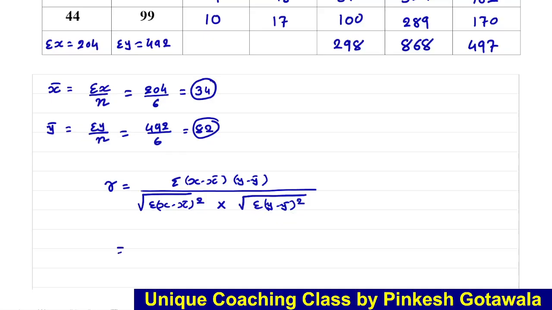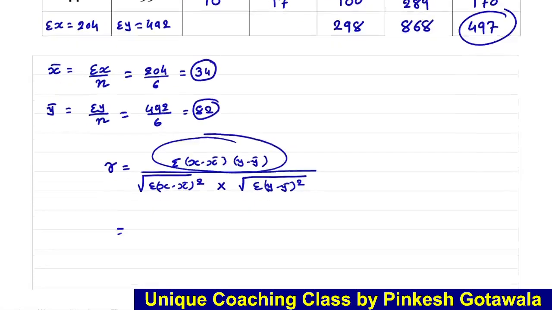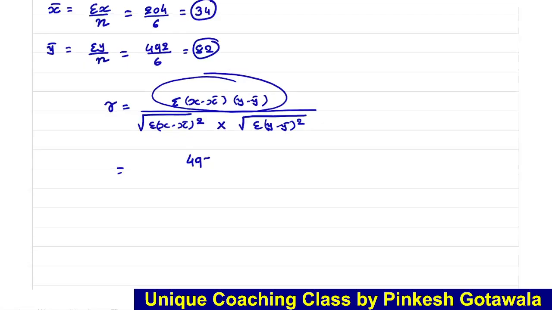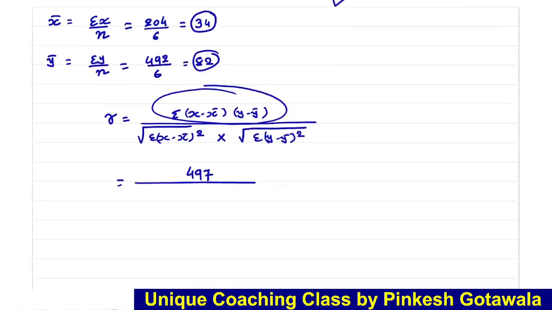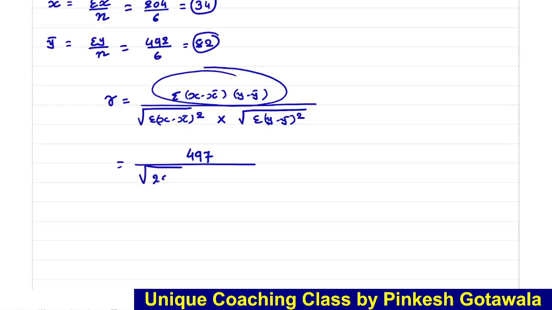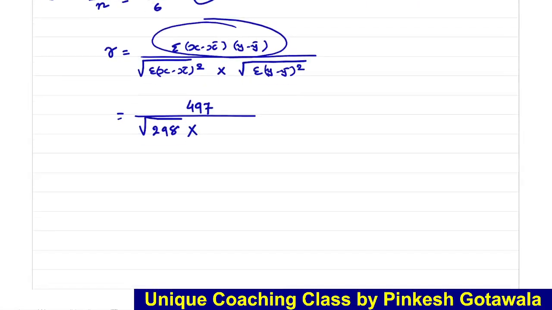So first of all, sum of x minus x bar, y minus y bar multiplied, we get 497. Divide by the root of sum of x minus x bar whole square, so it was 298, into sum of y minus y bar whole square, it is 868.